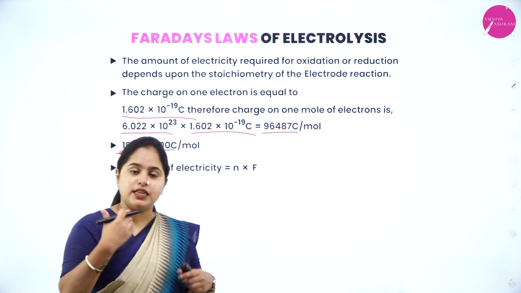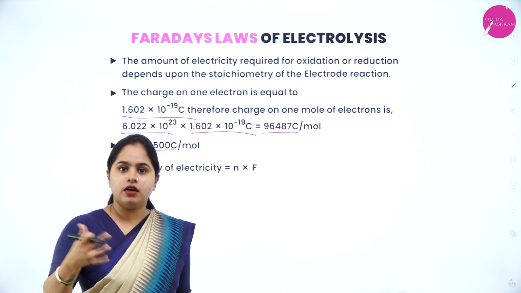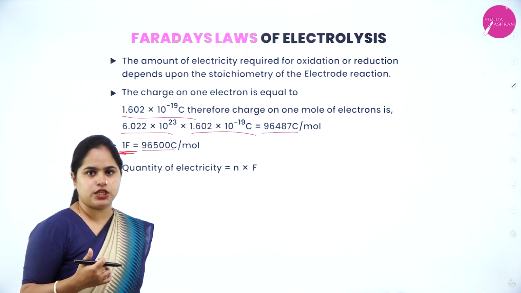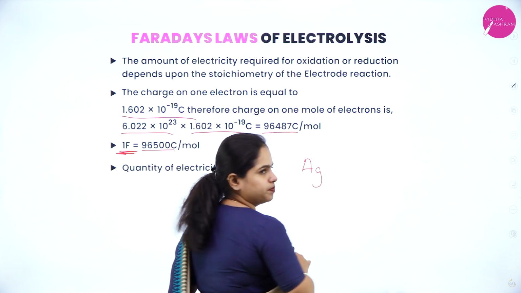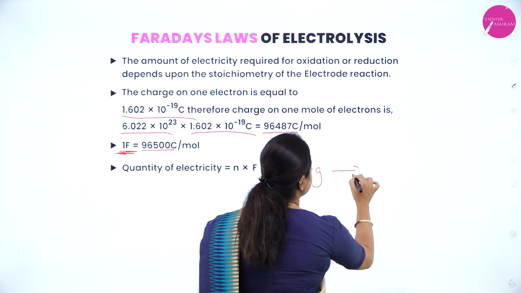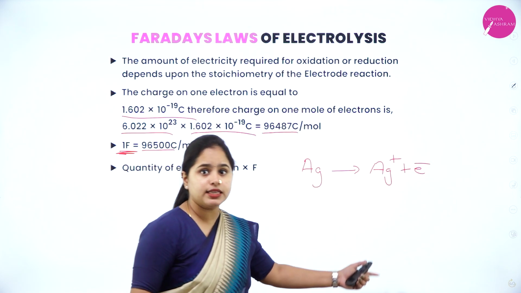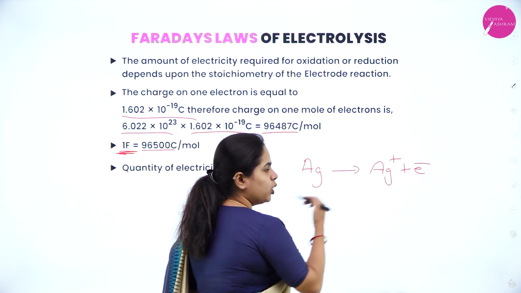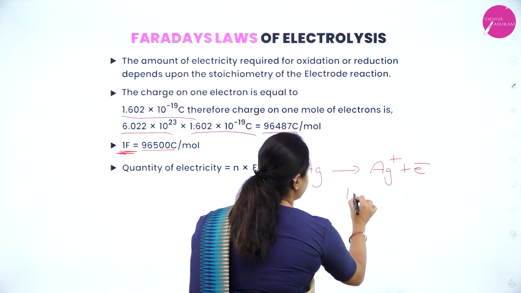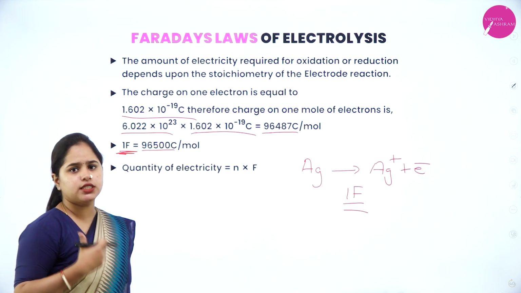For different substances, based on the chemical reaction or stoichiometry, the Faraday value will also change. Let's take the example of silver. Silver is ionized into Ag+ and 1 electron. How many electrons are involved in this reaction? Only 1 electron, so in this case, 1 Faraday of current is used.